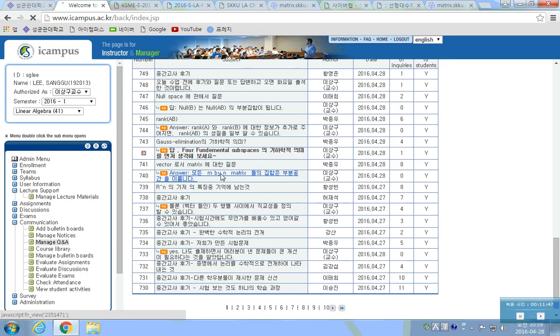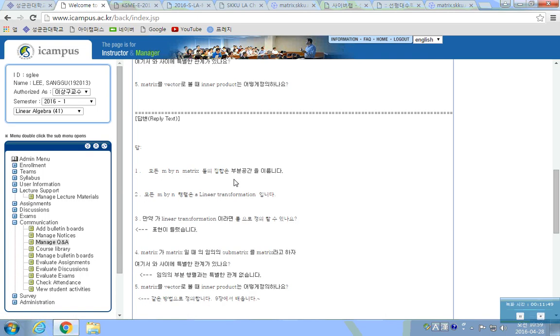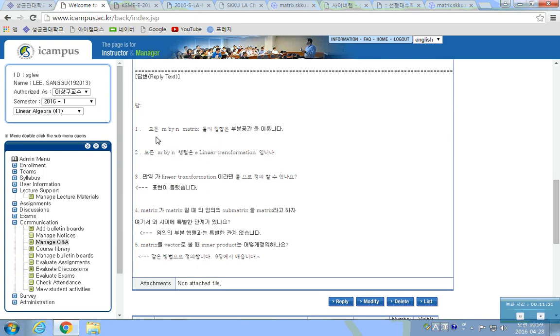Okay? And Mr. Park Jong-woo, you also asked some questions here, and my answer is this. The set of all m by n matrices is itself a vector space. Actually, it's a subspace of a bigger one. And every m by n matrix is a linear transformation.